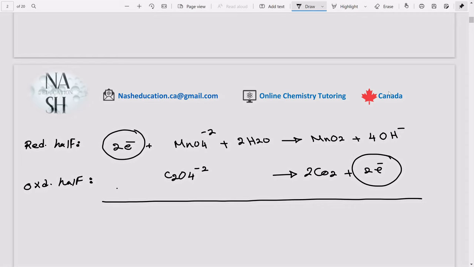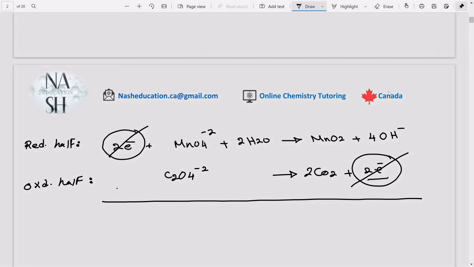So I can see 2 electrons are gained in my reduction step and 2 electrons are lost in my oxidation step. So these 2 electrons are going to cancel each other. If they are not equal, then I will need to multiply my full equation by a number that will make the electrons equal in both sides.